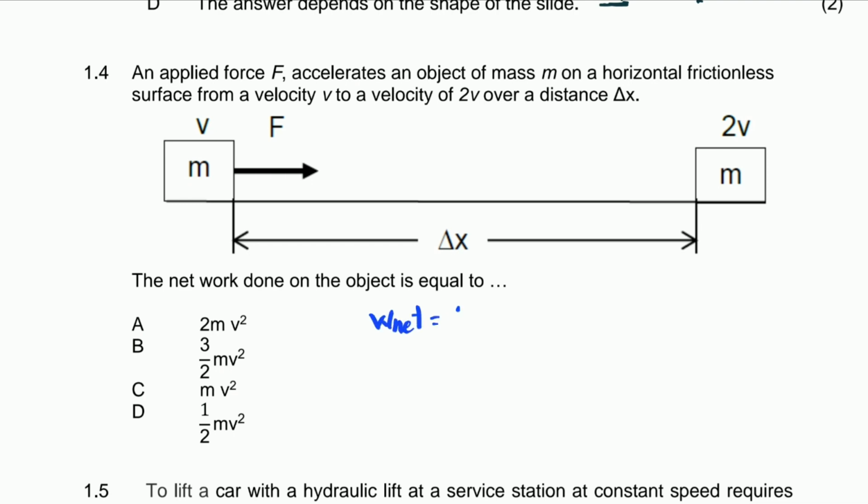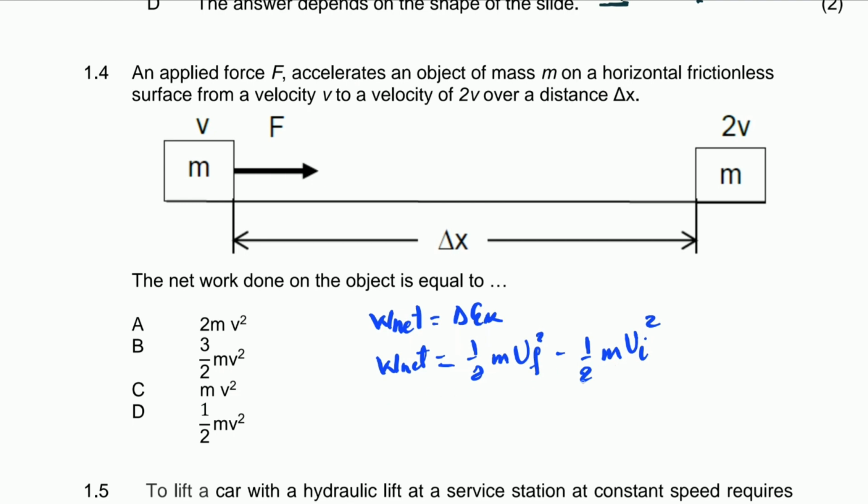Net work is equal to the change in kinetic energy. Net work, which is what we're looking for, is equal to half mass final speed squared minus half mass initial speed squared. And we are going to substitute the values here.